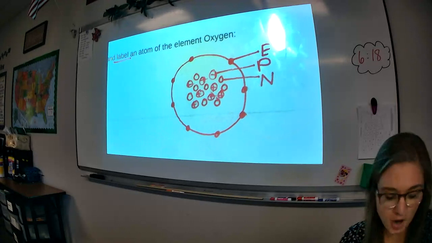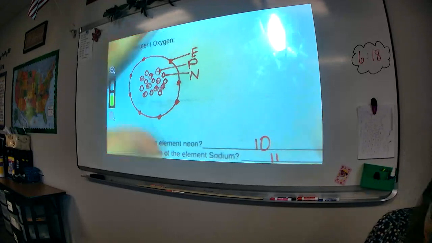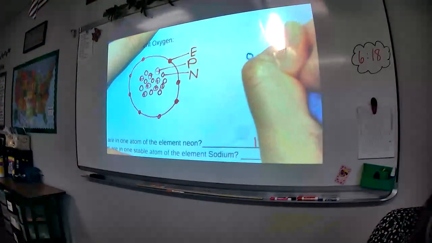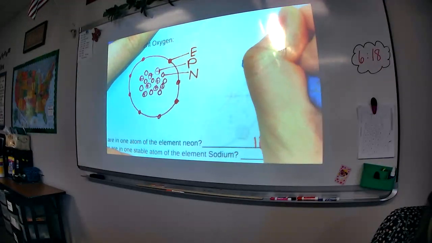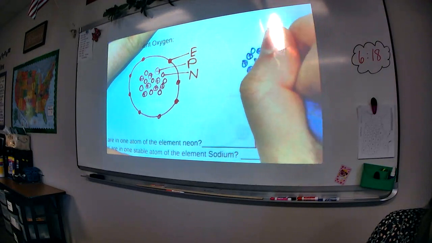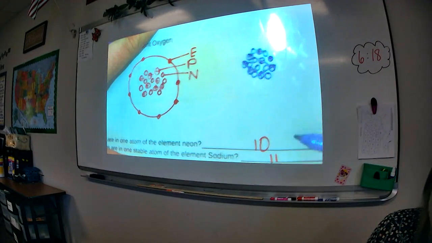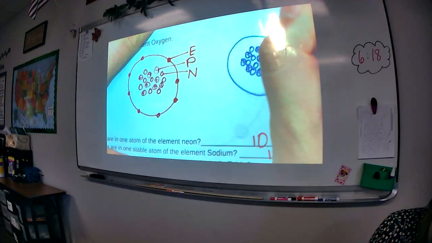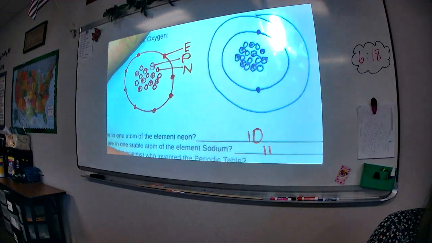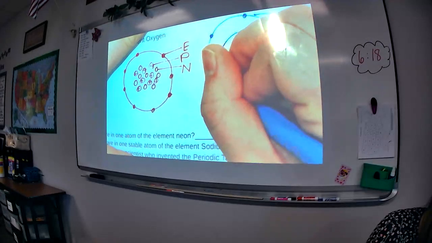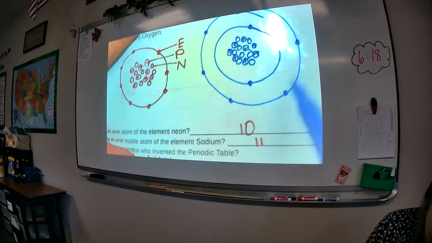But now you know that if you're going to draw oxygen, you really should draw it like this: 8 protons, 8 neutrons, and 8 electrons. I can only have 2 on the first shell, so I need to finish it on the second shell, 6, so I should have 8 total.